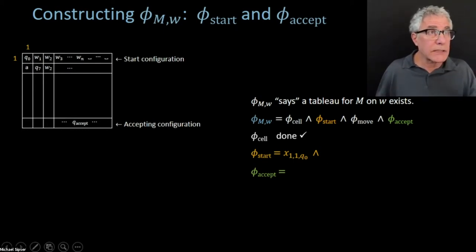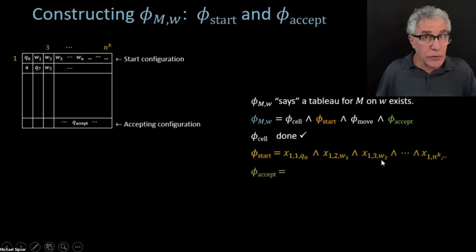Now we're going to do the next cell here, the 1, 2, the next cell of the start configuration. So phi start is going to have X1, 2, so that's the next place, contains W1, and so on.